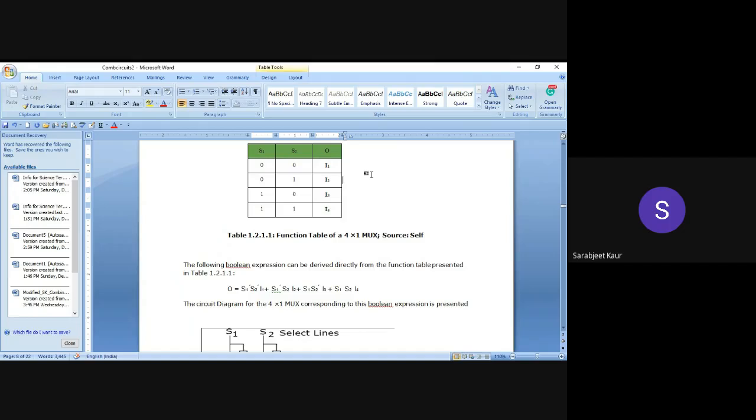So what we can do is, instead of devoting a dedicated channel to each source, we can multiplex. That means we can connect them all to a single transmission line. Now, if it is a 32 cross 1 multiplexer, how many savings can it give me?